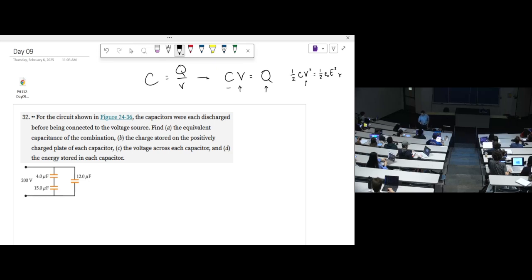I'll use little v there. So you could find the electric field if you already know the potential stored across. The 1/2s cancel out. If you know the capacitance and the voltage, you could solve for E equal to the square root of CV² over ε₀ times volume, right? So you could do it that way if you wanted to.